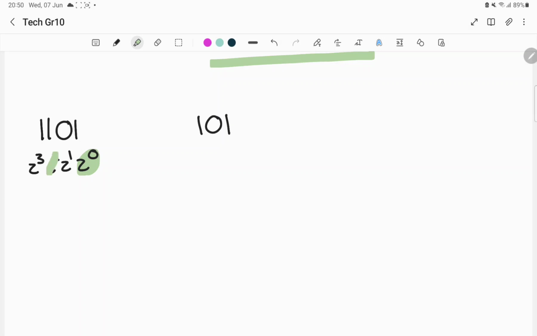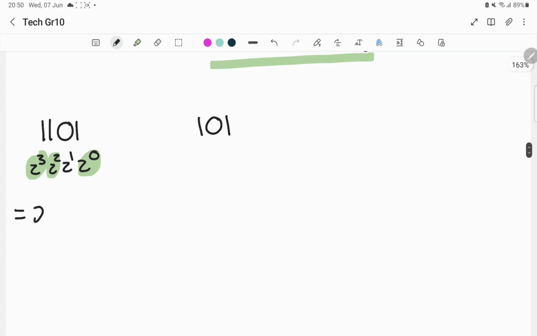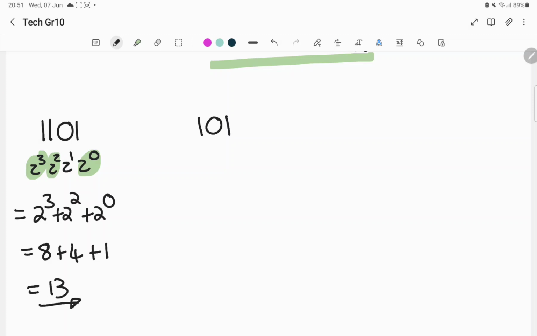I did have a 2 to the power of 2, there's a 1, and I did have a 2 to the power of 3. So now you take these answers and you add those you used together. So I have 2 to the power of 3, which is 8, 2 to the power of 2, which is 4, and 2 to the power of 0, which is 1. So this will give me 13.